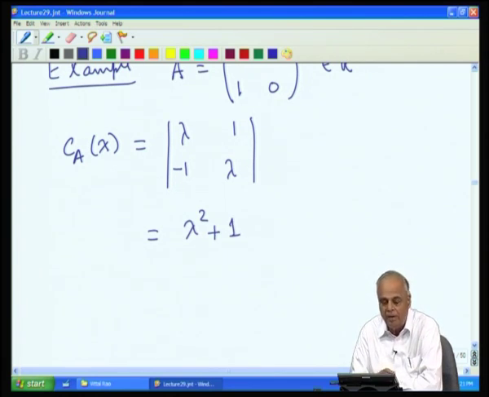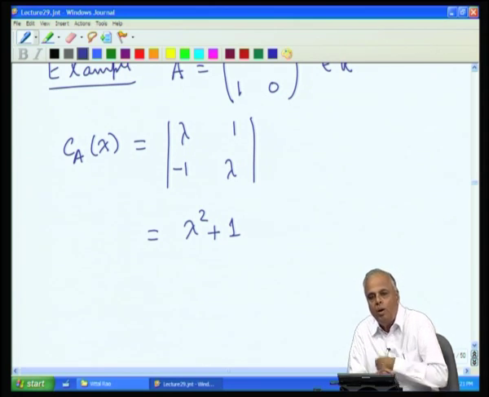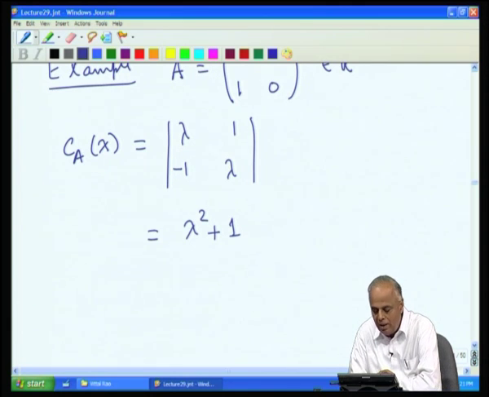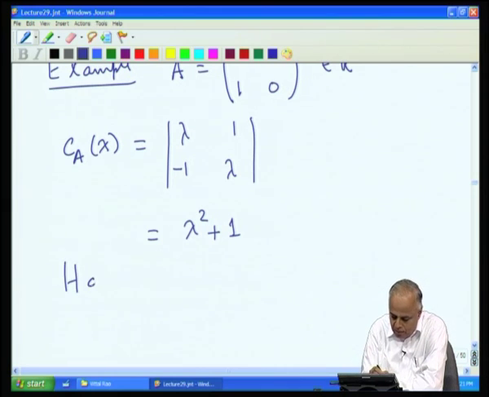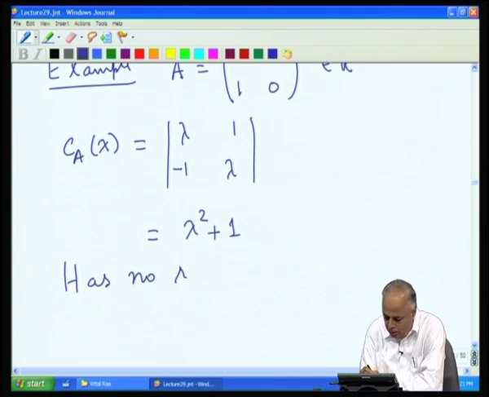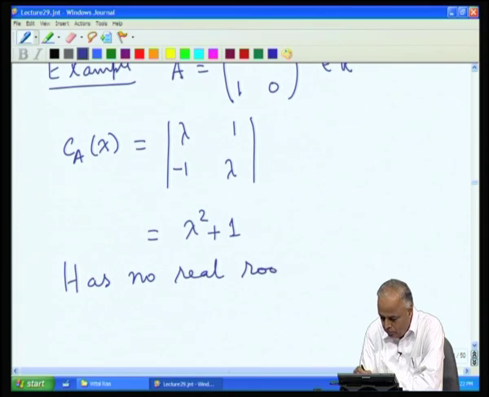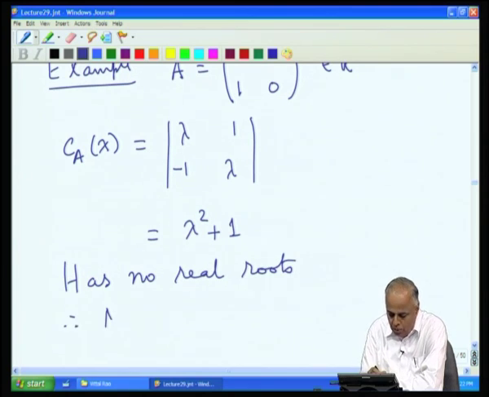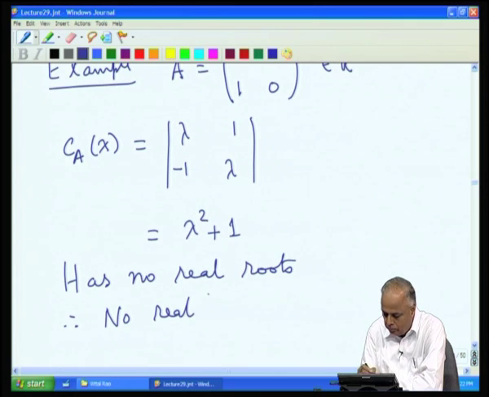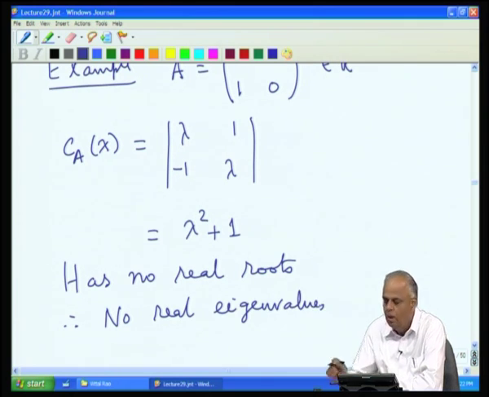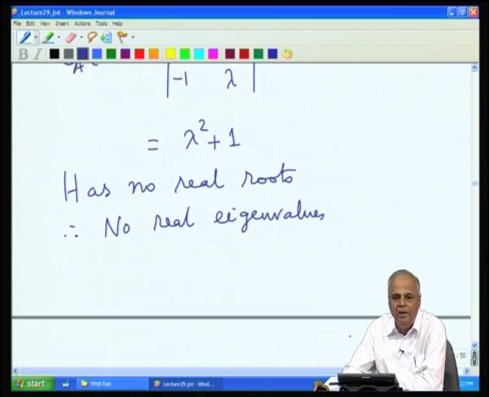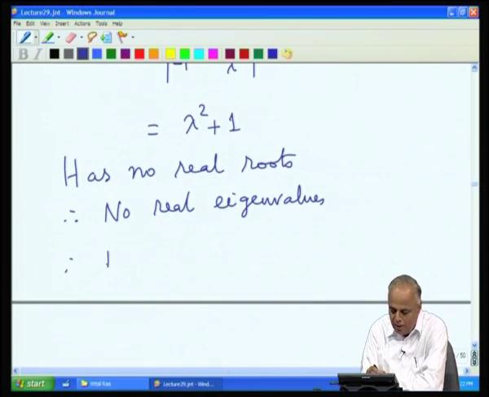Now, what are the eigenvalues? If you are working in R, we are looking for real roots of C A lambda, but lambda squared plus 1 equal to 0 has no real roots. Therefore, no real eigenvalues. The moment you do not have any eigenvalues, you have no eigenpairs.